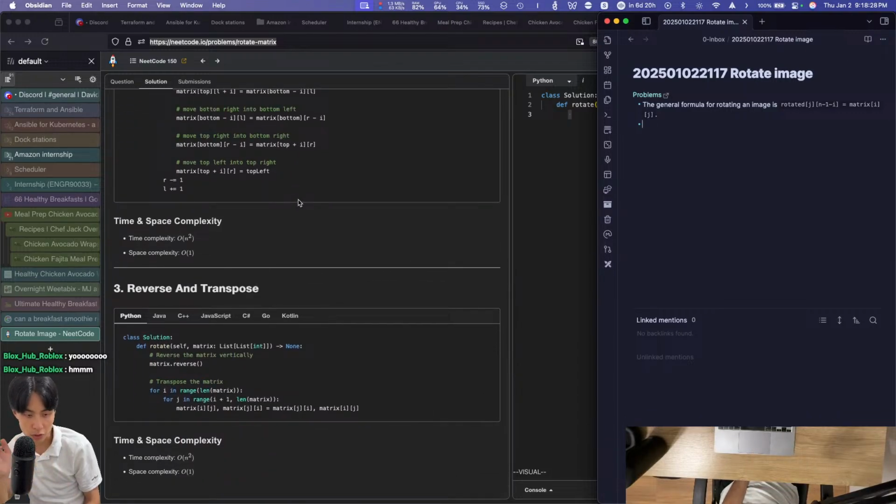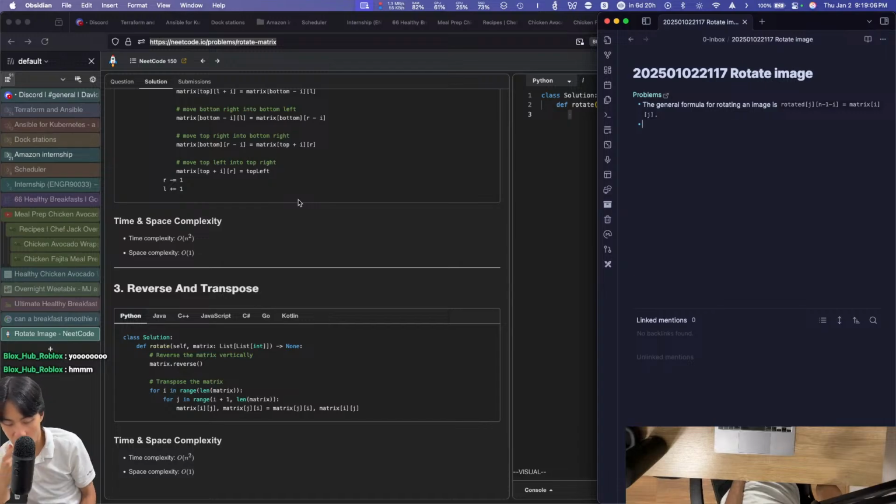And then reverse and transpose. You reverse the matrix vertically. How do you do that? Reverse the matrix vertically. And then transpose the matrix horizontally, perhaps. ij, ji is equal to ji, ij.